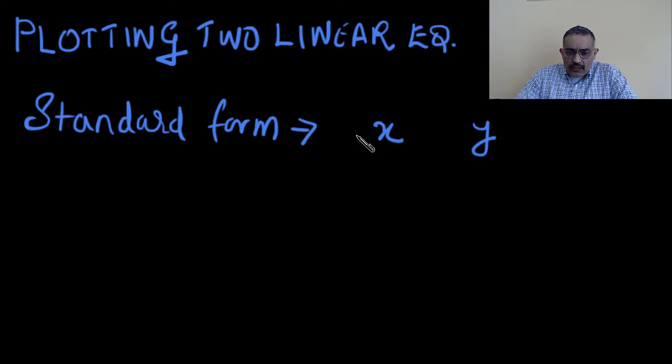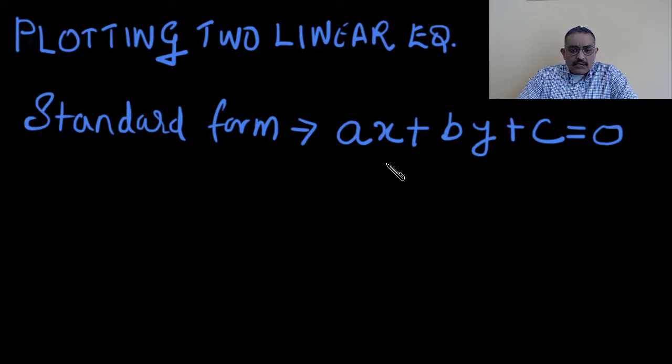Now we want to attach some coefficients, constants to these two variables. So let's say a is for x and b is for y. And we would attach a constant c along with it and equate all of that to 0. This forms the standard form of the linear equation.